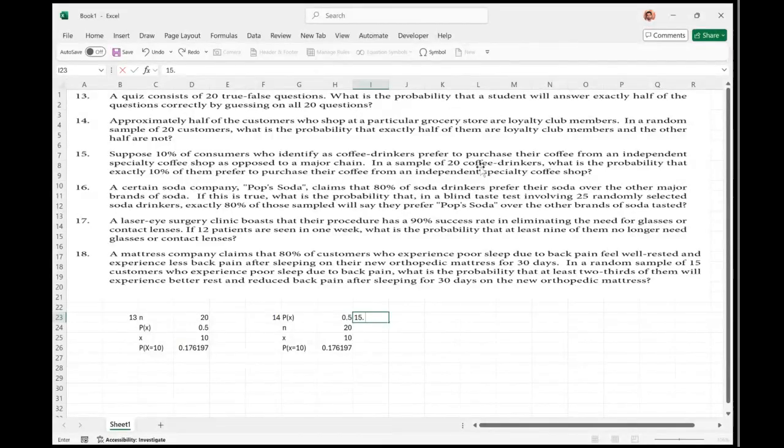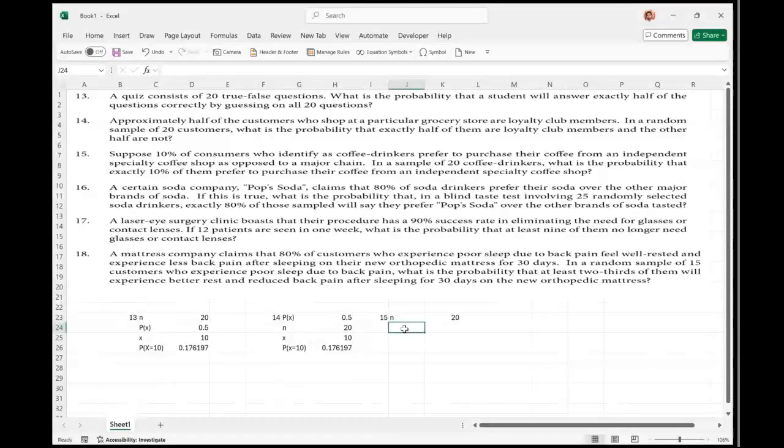In a sample of 20 coffee drinkers, what is the probability that exactly 10% of them will prefer to purchase their coffee from an independent specialty coffee shop? Okay, and exactly 10% of them. So we are given a sample of 20 coffee drinkers. So n value is 20.